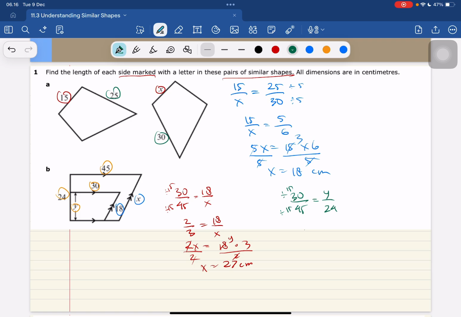So this is going to be 2 over 3 equals y over 24. So 3y equals 2 times 24. So we divide by 3. So y equals 24 divided by 3 is 8, times 2, y equals 16 centimeters.